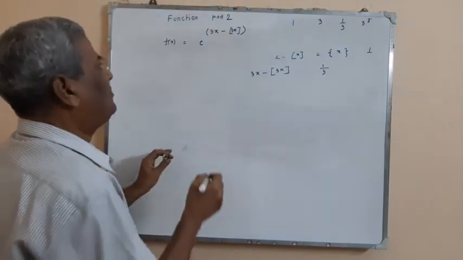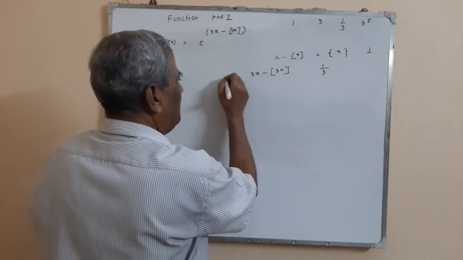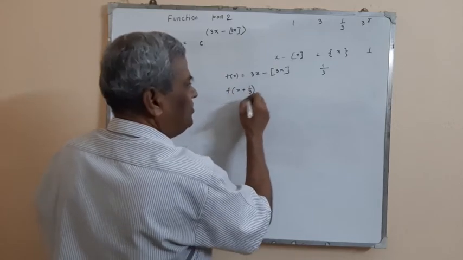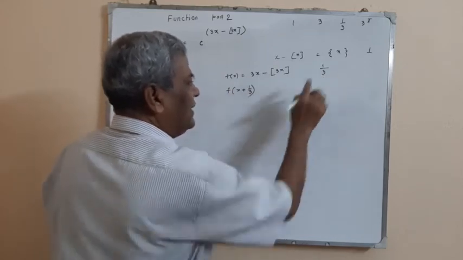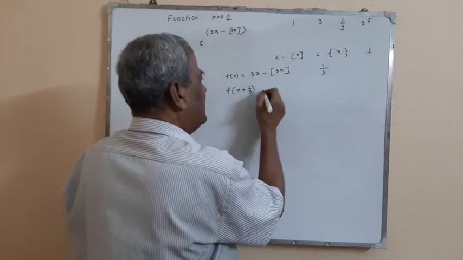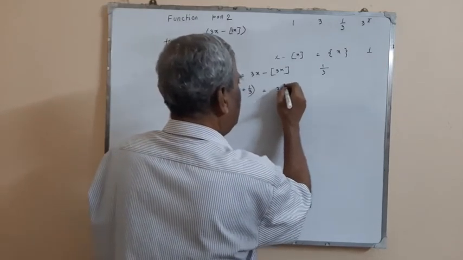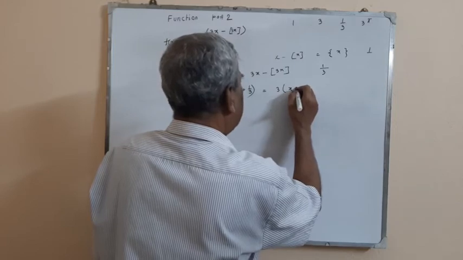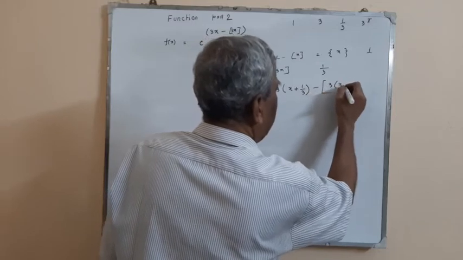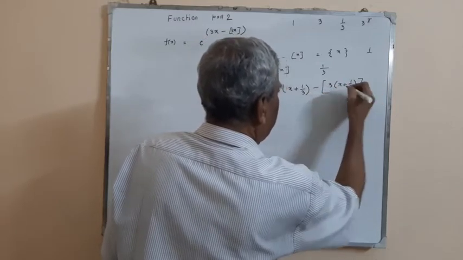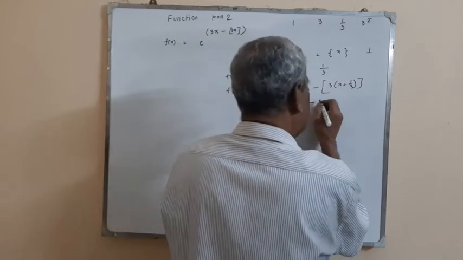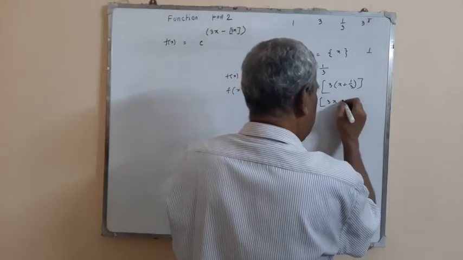You can verify it. Suppose this is f(x). I am telling that 1 by 3 is the period of this function. So f(x plus t) is equal to 3(x plus 1 by 3) minus the integral part of 3(x plus 1 by 3). It is equal to 3x plus 1 minus the integral part of (3x plus 1).